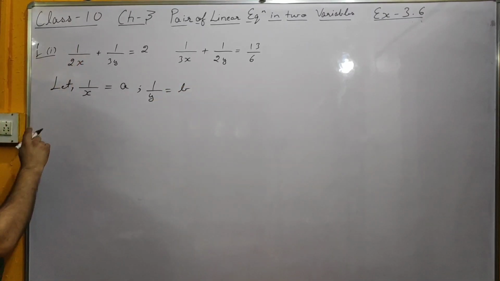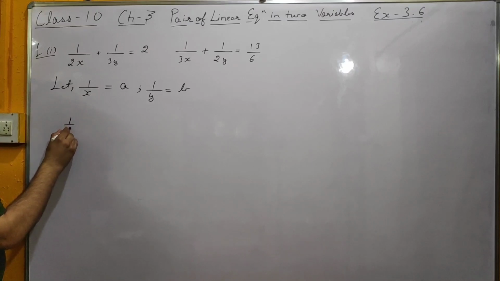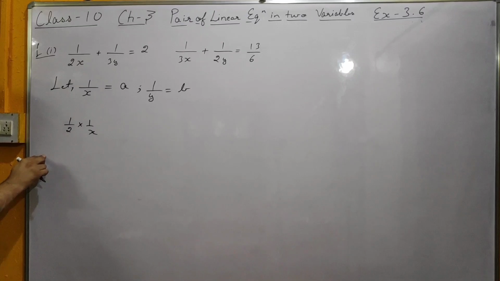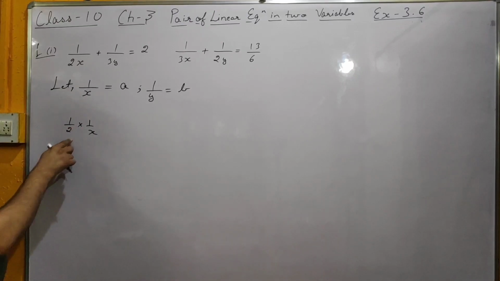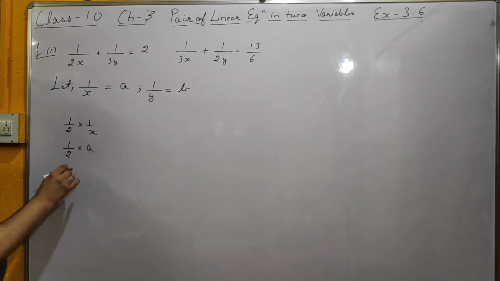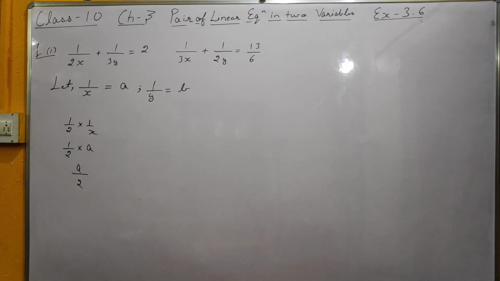How can we write it? You see, it is in this way: 1 by 2 into 1 by x, and 1 by x is a. So 1 by 2 into a. So what will it become? A by 2. So this will become a by 2, not 2a.